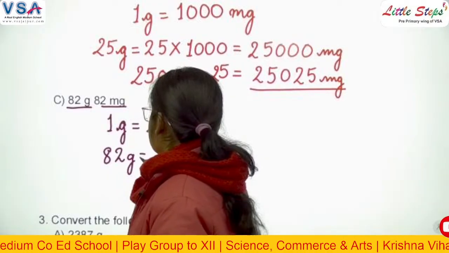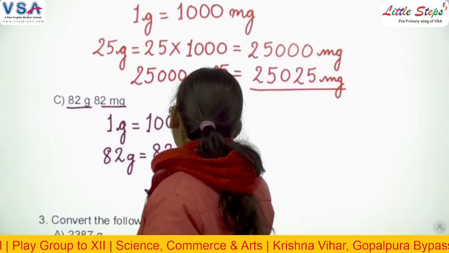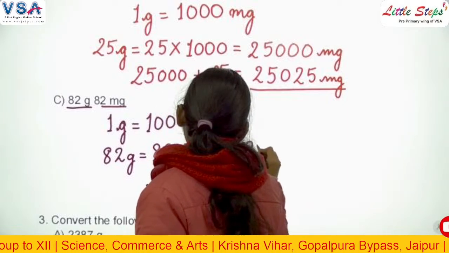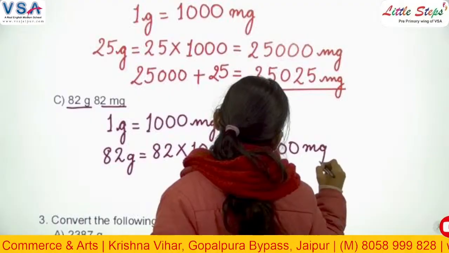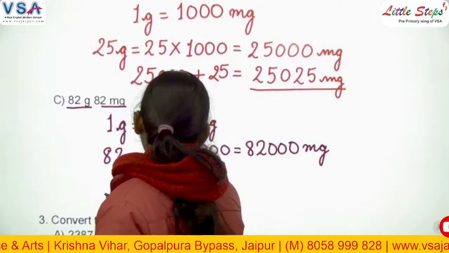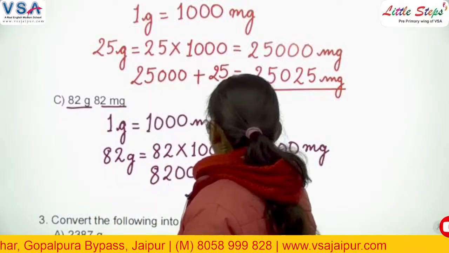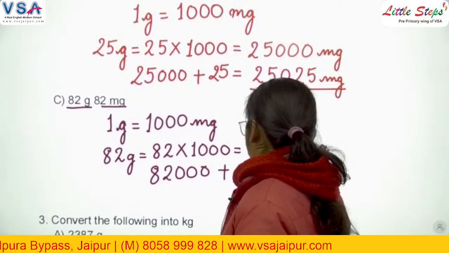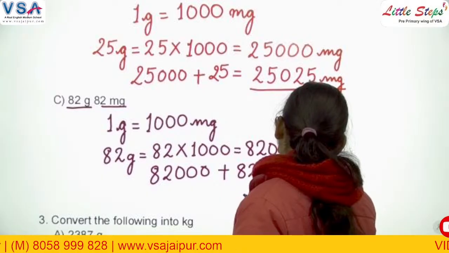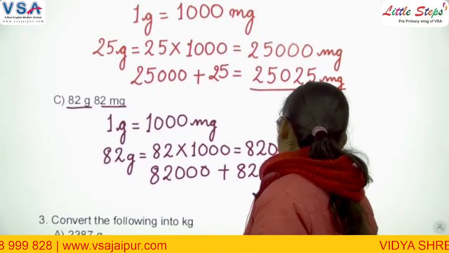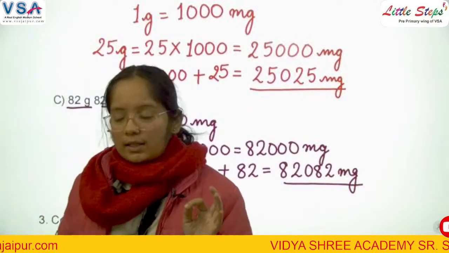So 82 grams is equal to 82 multiplied by 1000. And 82 milligrams we already have. So we will add 82,000 to 82. That will sum up to 82,082 milligrams. I hope I am clear.